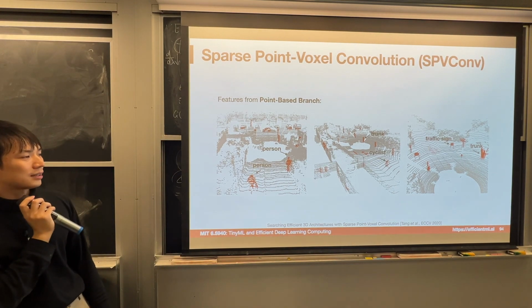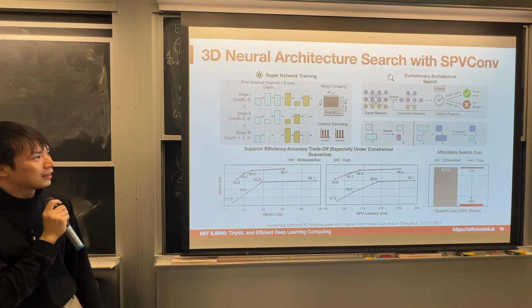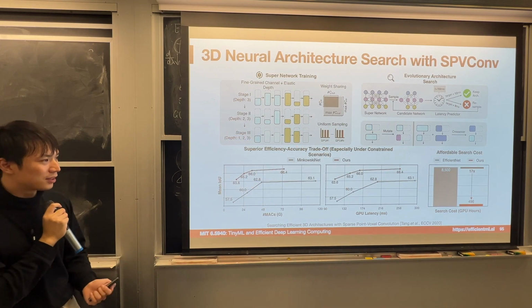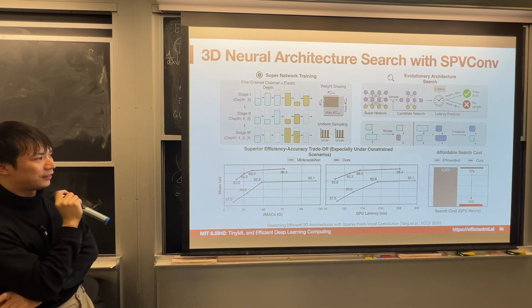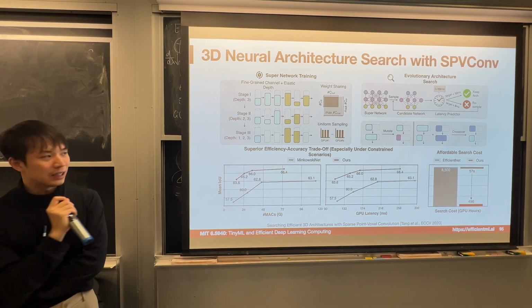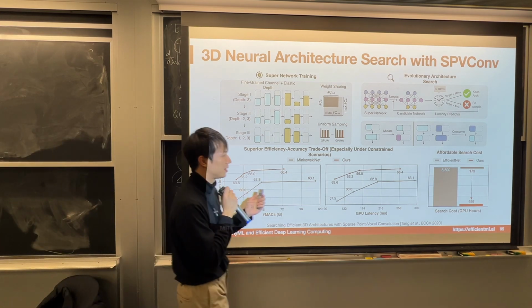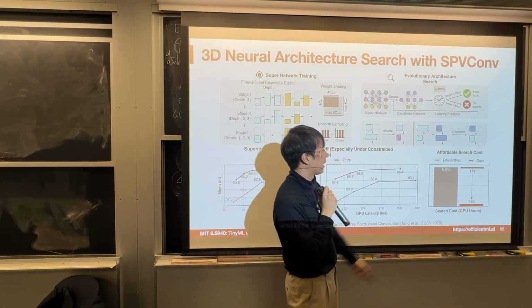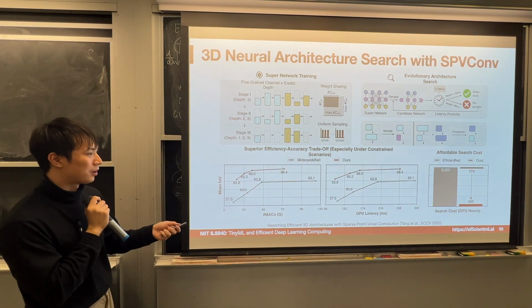The point branch has higher resolution, so it focuses on these regions. And finally, we also do neural architecture search. This is a general technique to help you improve the accuracy-efficiency trade-off. We can always do neural architecture search to improve efficiency, so similarly, we do channel search to improve the efficiency of the model.